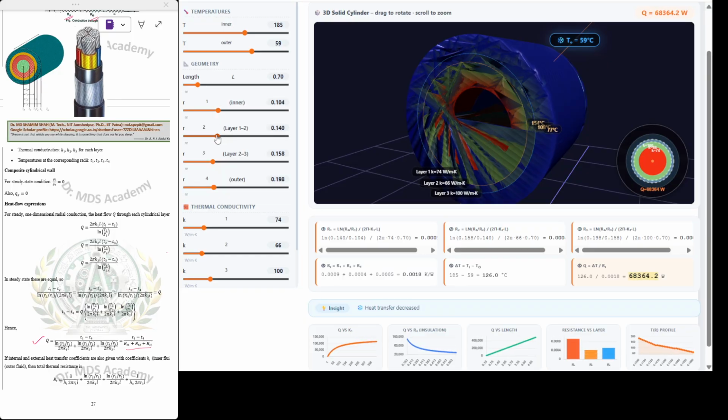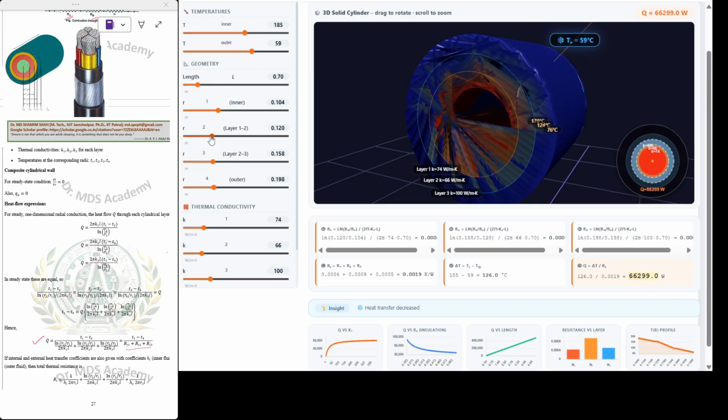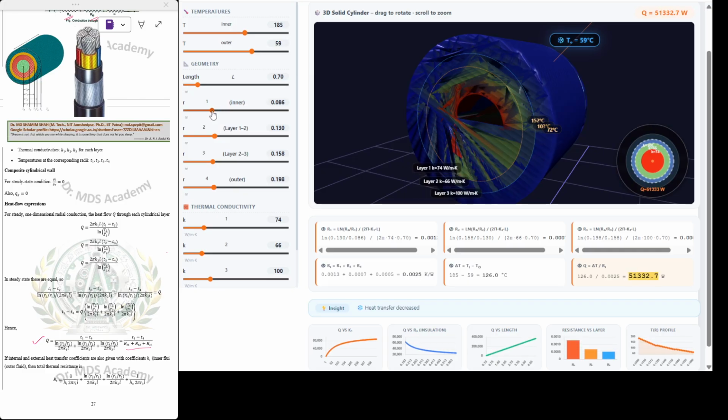Similarly, R2 variation: the resistance is given as ln R2 upon R1 over 2 pi k into L here. See, when you are playing with R1, see the resistance value here.